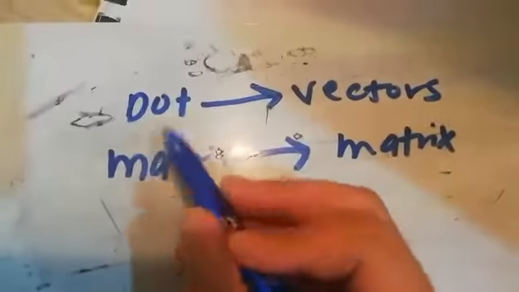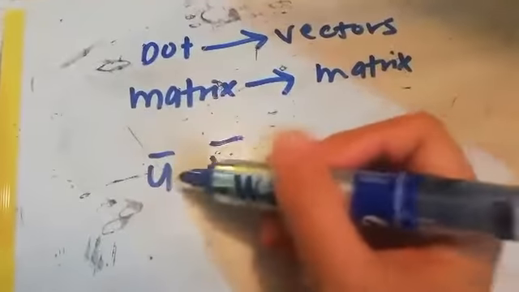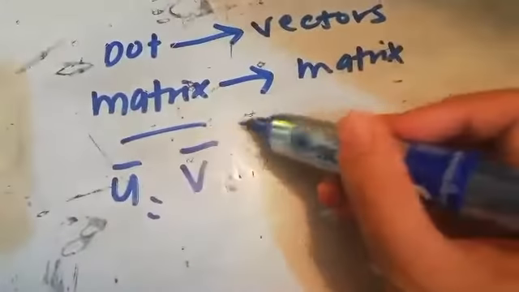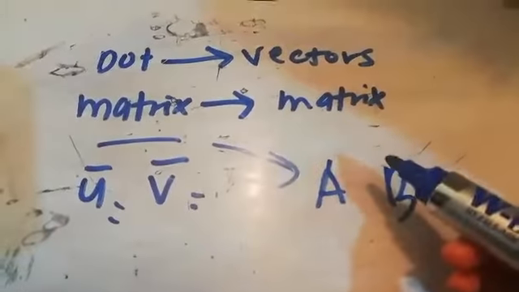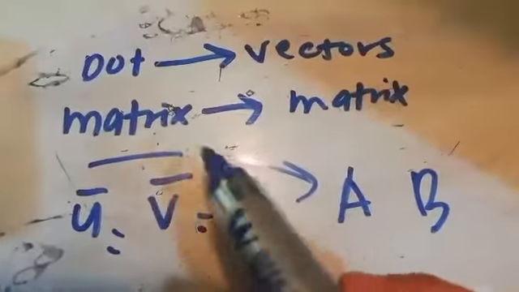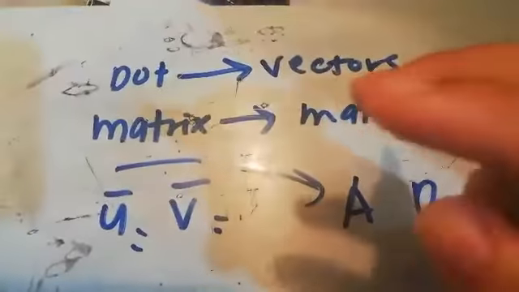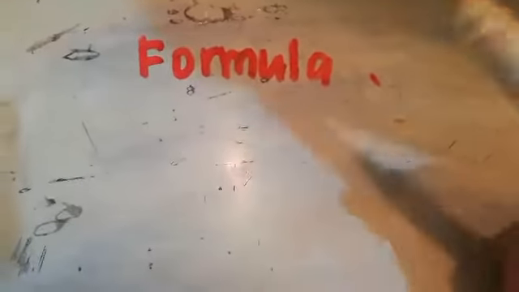Let's say for the dot product you have u and v given, but for the matrices you are given matrix A and matrix B, so you don't need to do anything, you just multiply. They may seem the same but the object is different: this is a vector and this is a matrix.